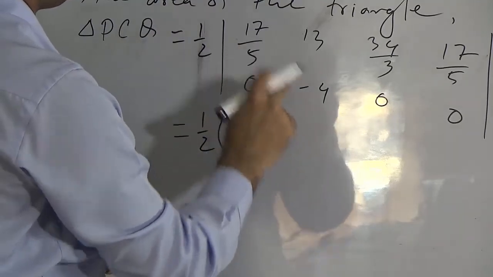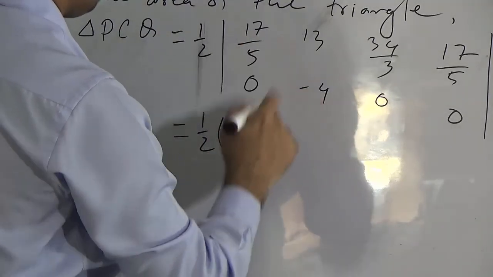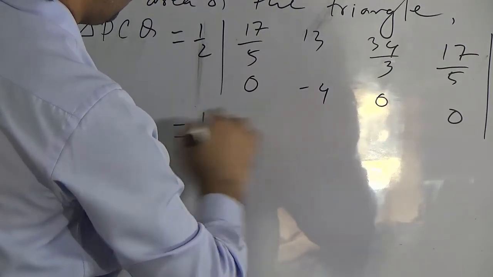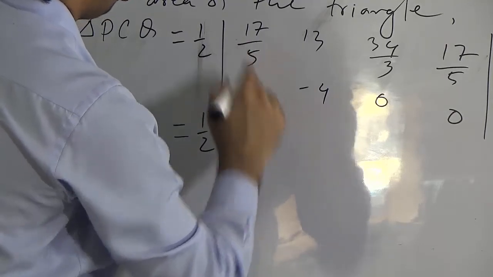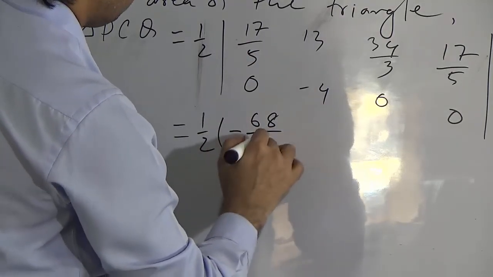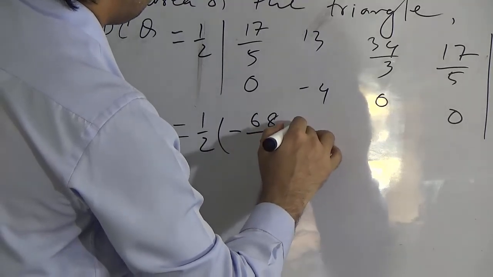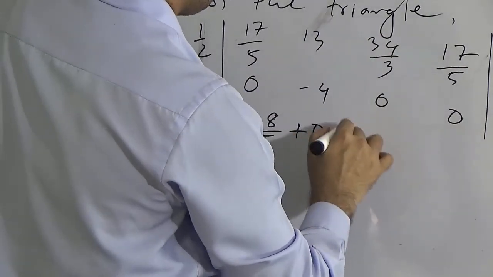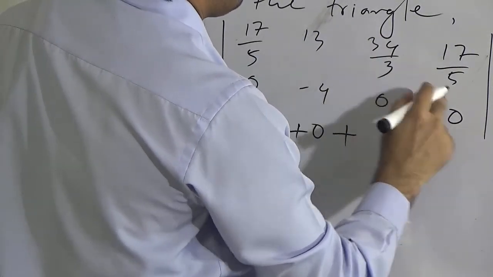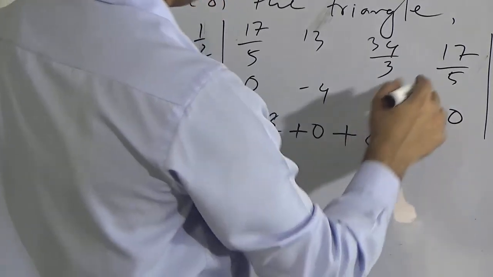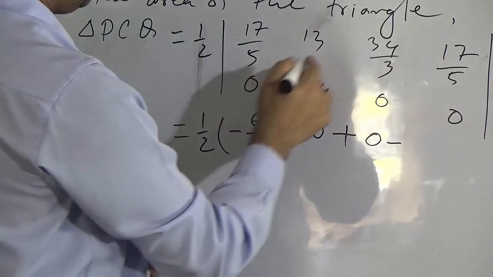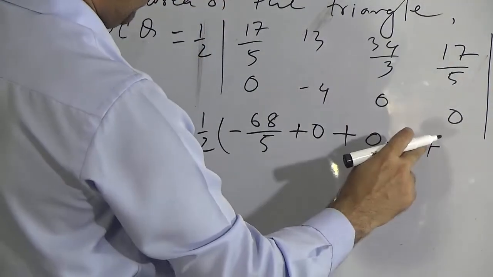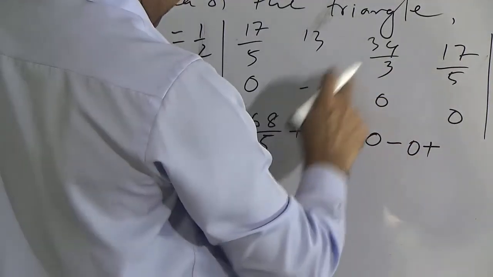Now take the product of these two: 7 fours are 28, 4 ones are 4, 2, 6 by 5. Then plus 17 and 13 and 0 is 0, plus this 34 by 3 and 0 is 0, minus. Then we have to take this diagonal, 13 and 0 is 0, then plus, here will be minus, but here is minus, so this will be plus, take the product.